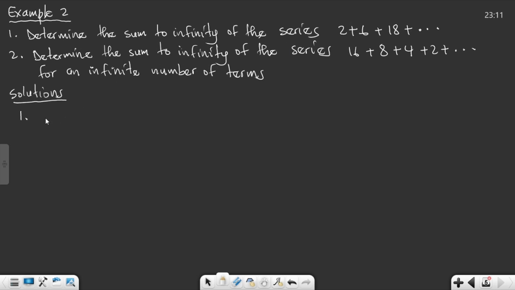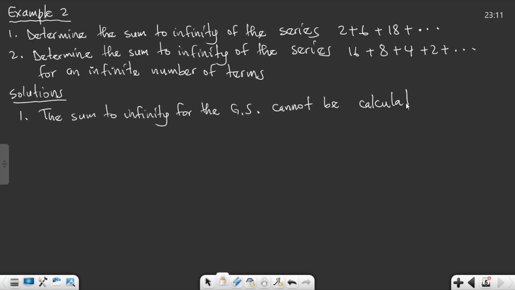So the answer to this, I'll say the sum to infinity for the geometric series cannot be calculated because the series diverges.